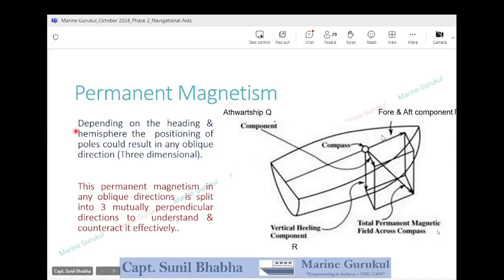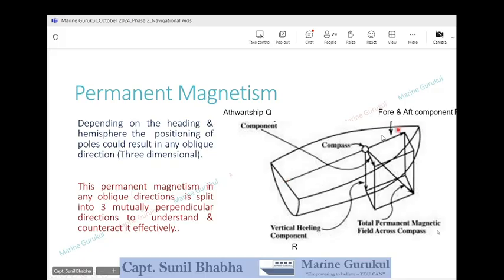Now we have understood that depending on the heading of the ship and the hemisphere in which the ship is built, the positioning of the permanent pole could result in any oblique direction. The permanent magnetism vector could be present in a three-dimensional orientation. You can understand it from this particular diagram.